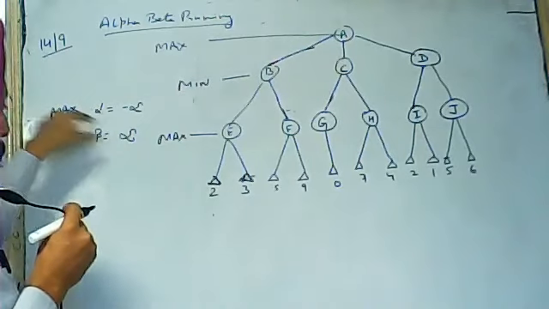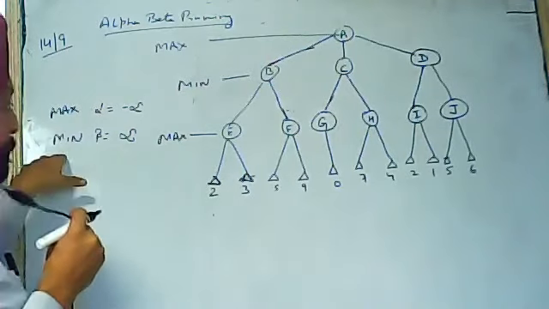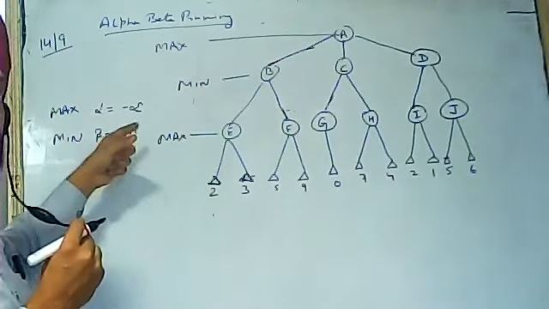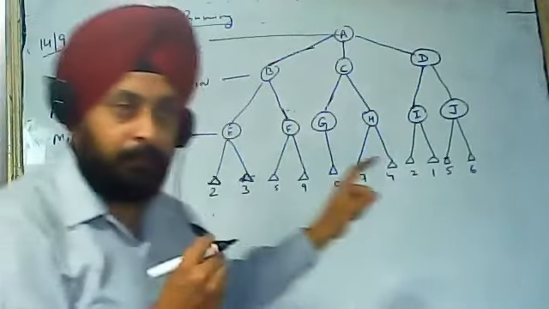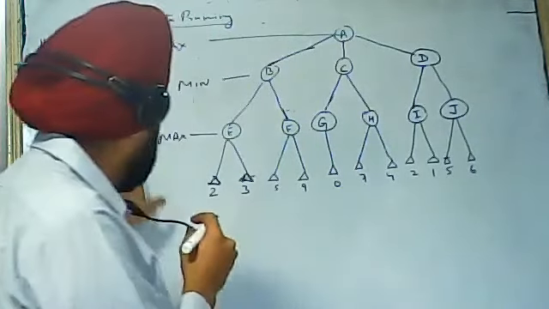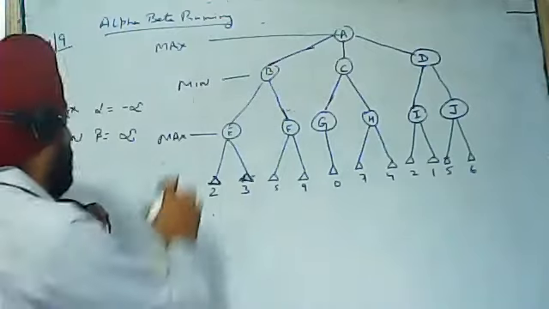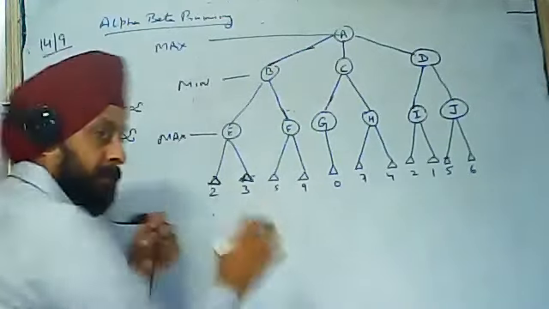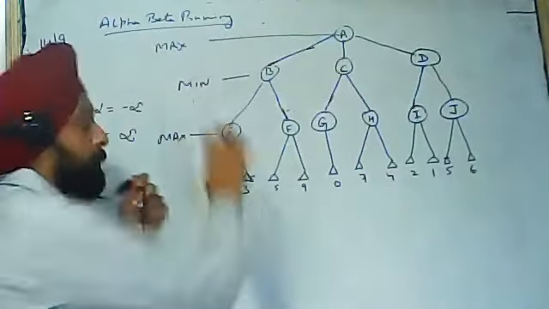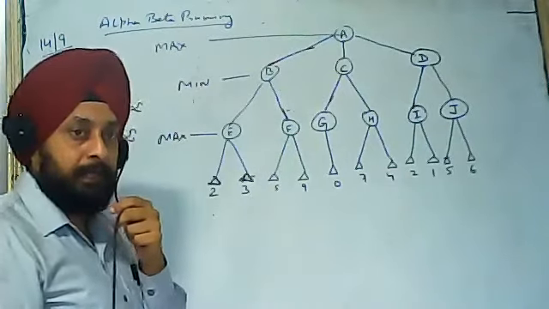So the worst case for min is infinity. Here it is the max turn. In the max turn, the alpha value changes, and in the min turn, the beta value changes.